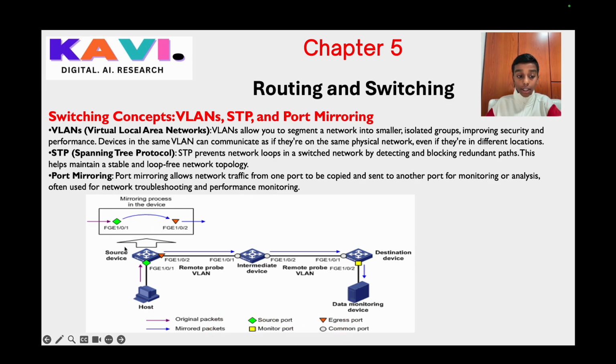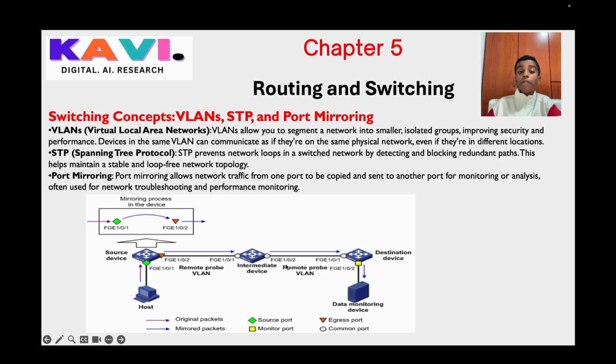As you can see in this diagram, this host is trying to send some data to this data monitoring device. This host has the original packets and will send them to the source device. The source device has a source port which will send the data to this intermediate device through a VLAN, and it will send it to this common port of the intermediate device.